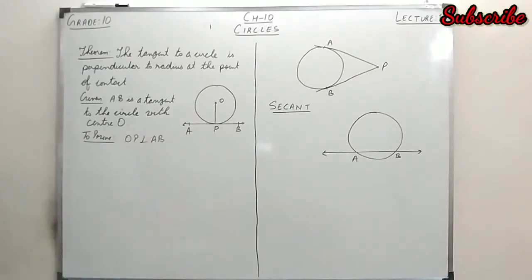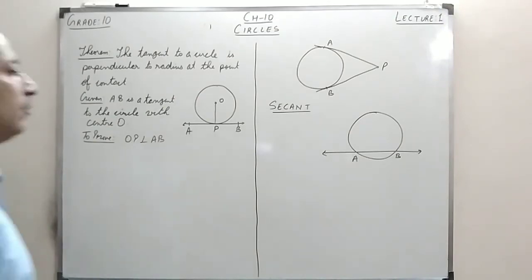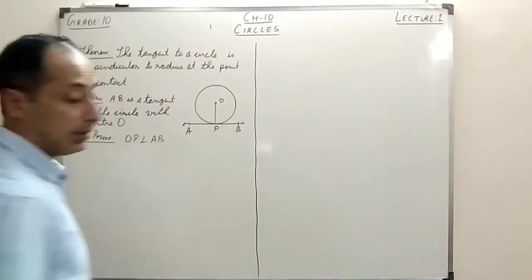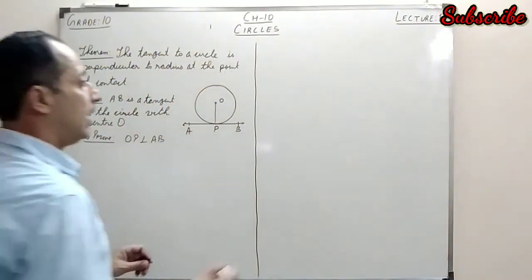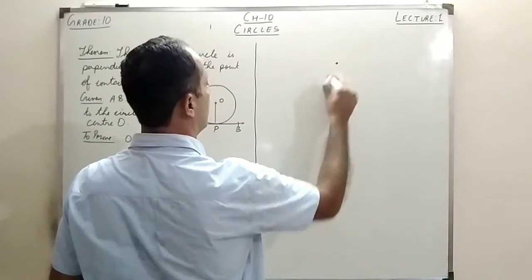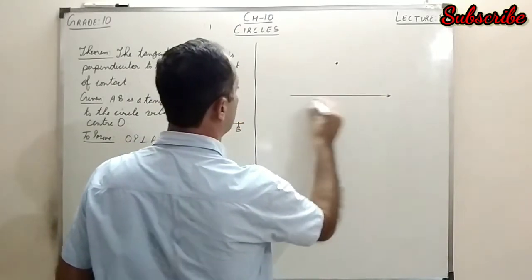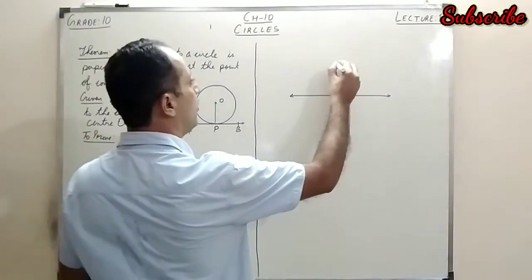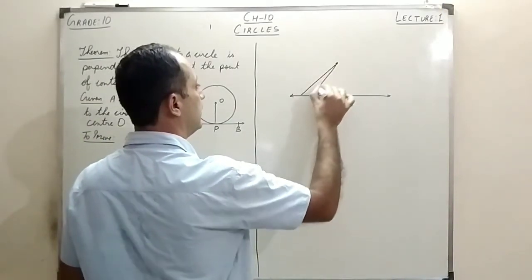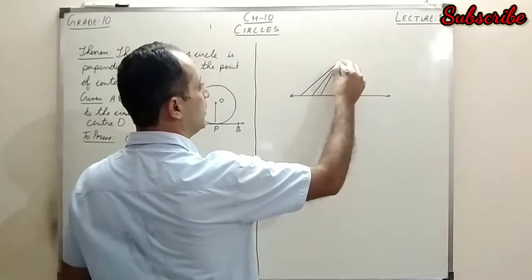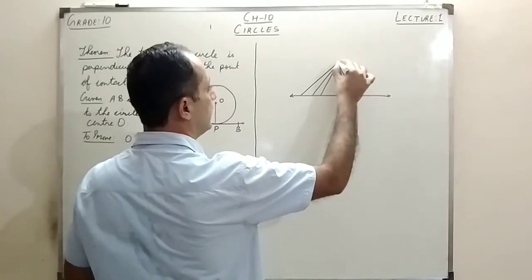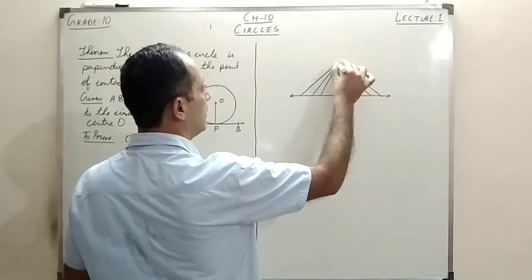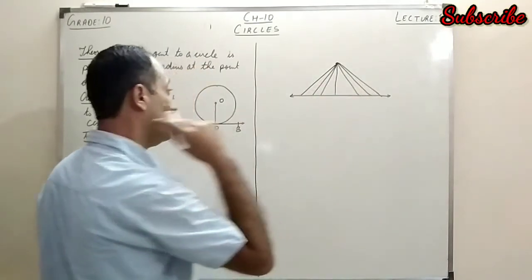Before we start the proof, another point I want to discuss with you. If we have an external point and there is a line, how can we find the distance? There can be many line segments drawn from this point to this line.